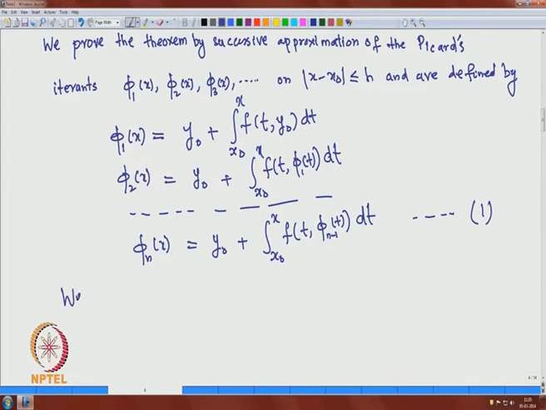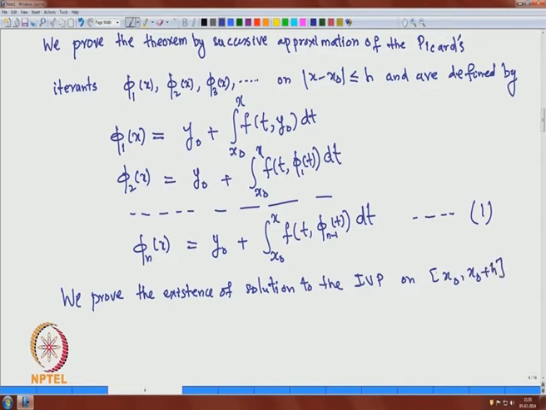So, we prove the existence of solution to the initial value problem on one side of the interval, x0 to x0 plus h.